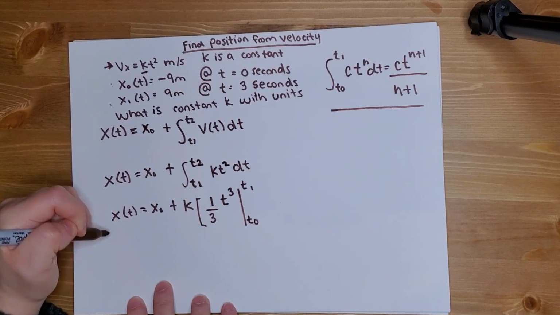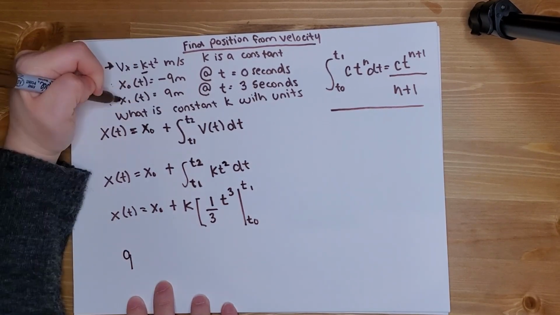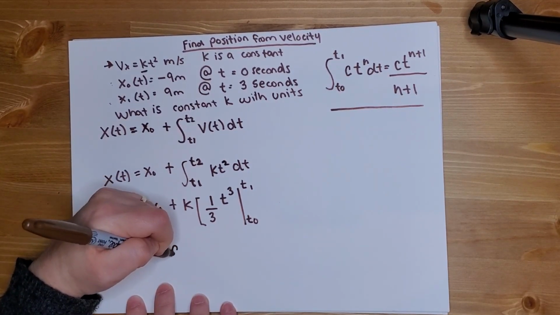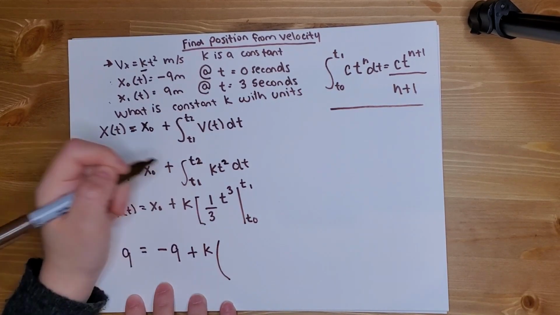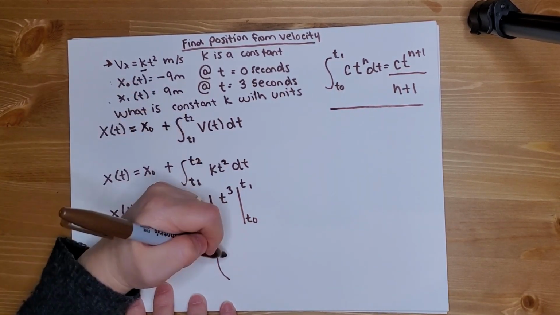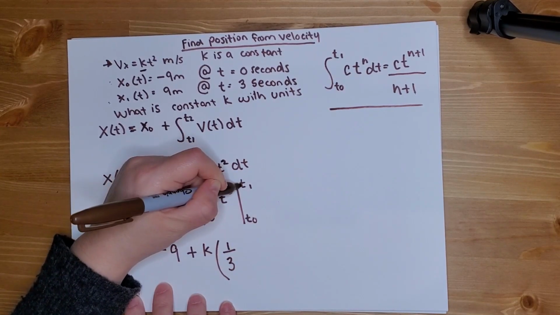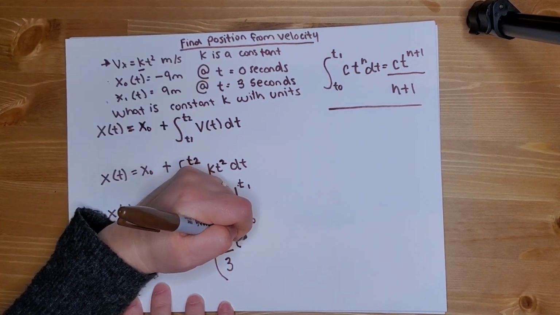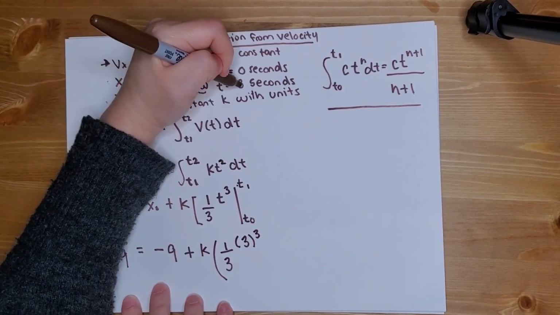All I have to do is plug in my values. So I have my 9, which is my x1, equals my minus 9, plus my k again, and then let's solve for these values. I have 1 over 3, and my t1 is 3 seconds, so 3 cubed.